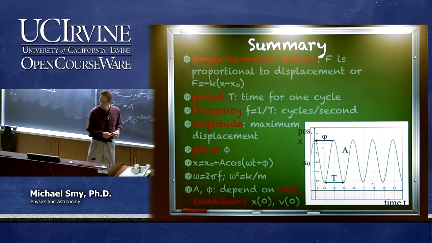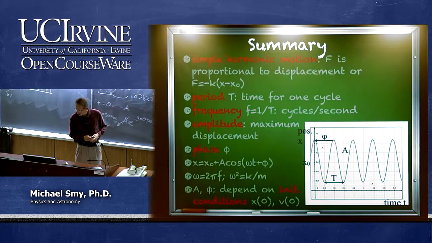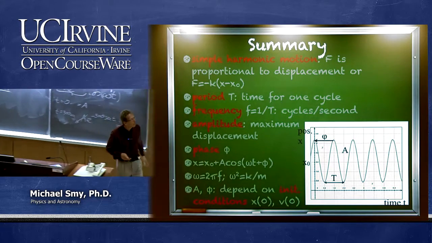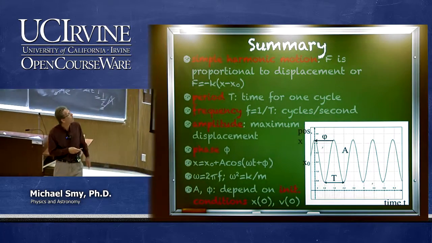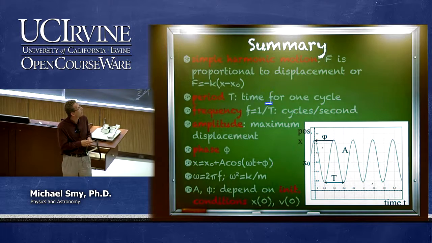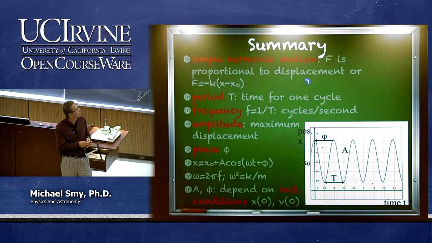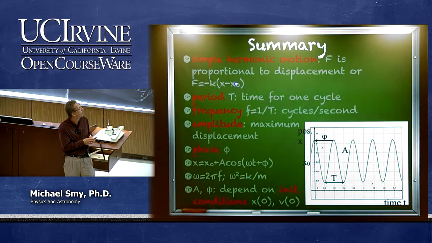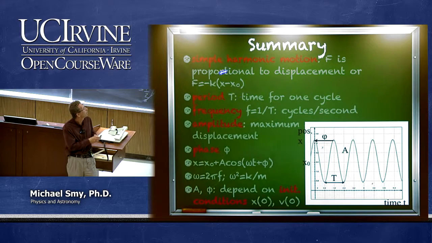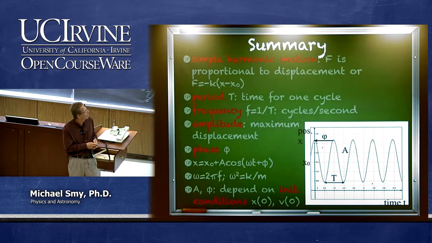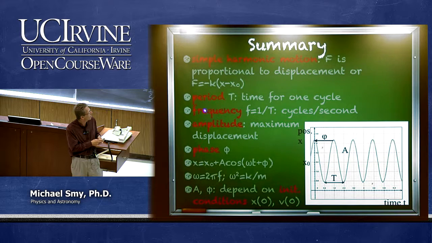So let me now summarize the chapter. So we have learned about simple harmonic motion, which is characterized in that the force is proportional to a displacement from an equilibrium position, like this. The motion is sinusoidal. It has a period T, which is from trough to trough or from crest to crest.